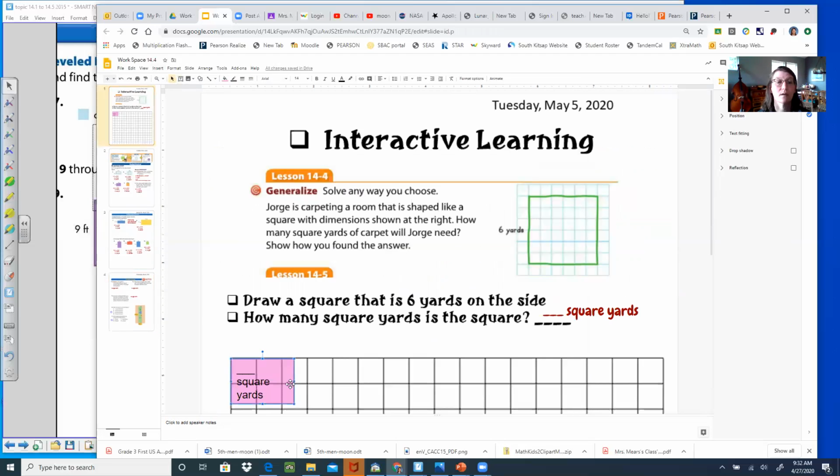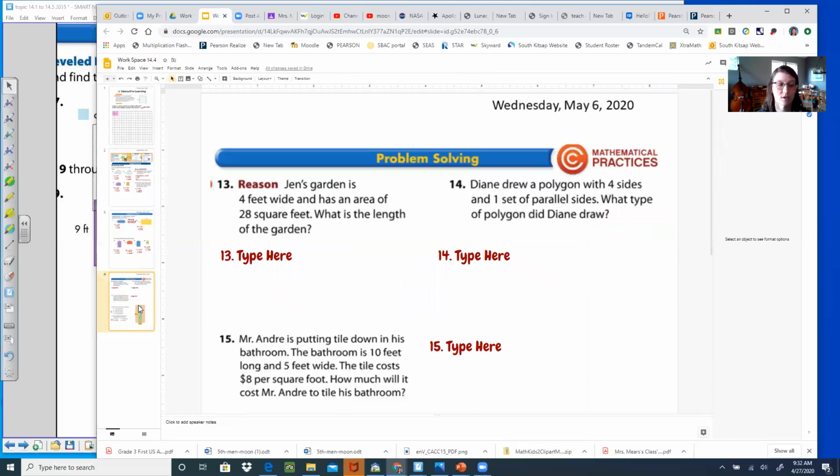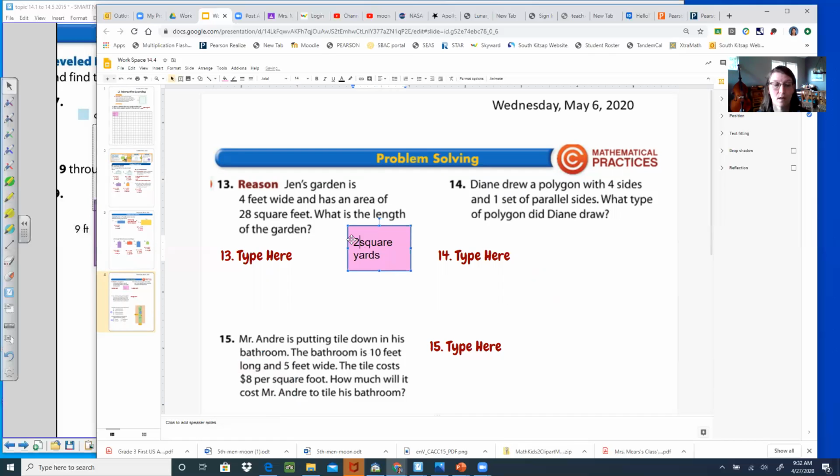I'm going to grab this guy, Control C, and go back to here, Control V. So it told me that it was 28. And it's not square yards, it's square feet. Okay. There we go, now it all fits.